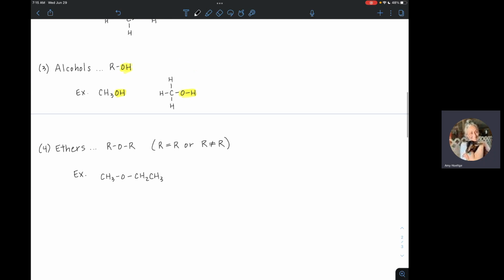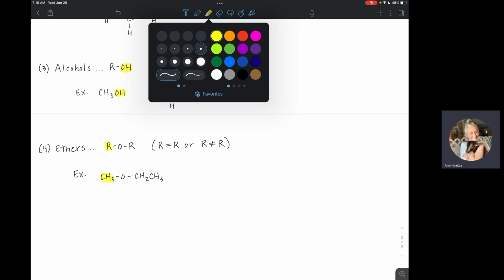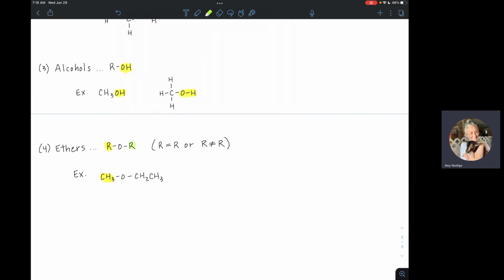This is not the same as an alcohol. So here I've got my methyl group, and over here, sometimes people will write R prime to make them different. I'm just going to use different colors. That is not the same as an alcohol.